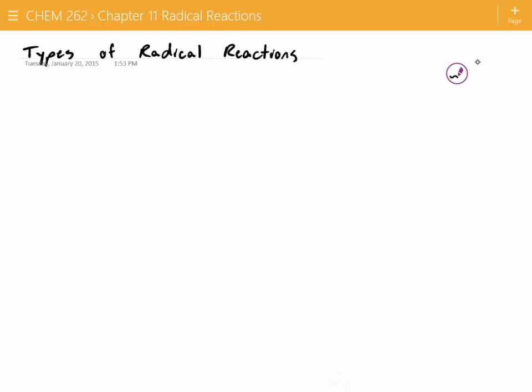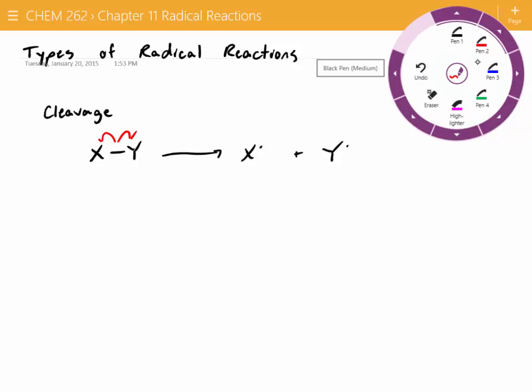The first one is cleavage, which we already saw, but I'll show it again. So if we have X bonded to Y, we can have one electron go to X, giving it an unpaired electron, and we can have one electron go to Y. And we said in order to show that, you have to do a single-headed arrow going to each.